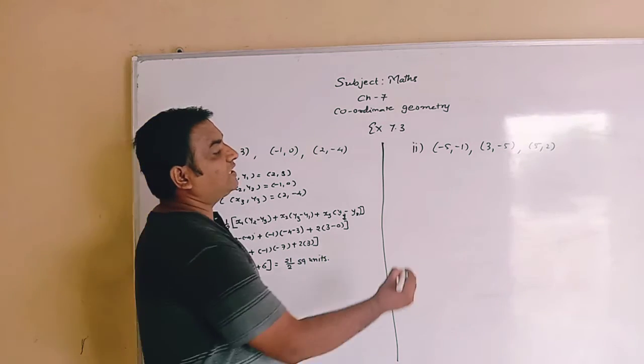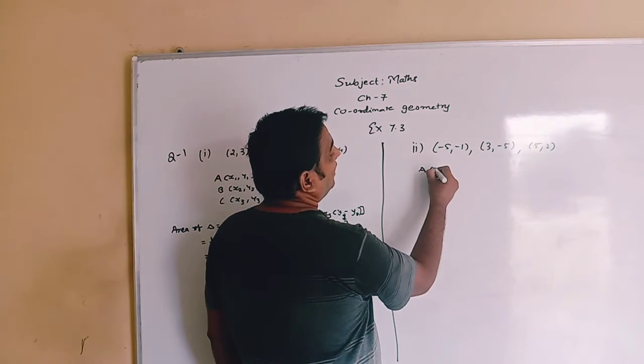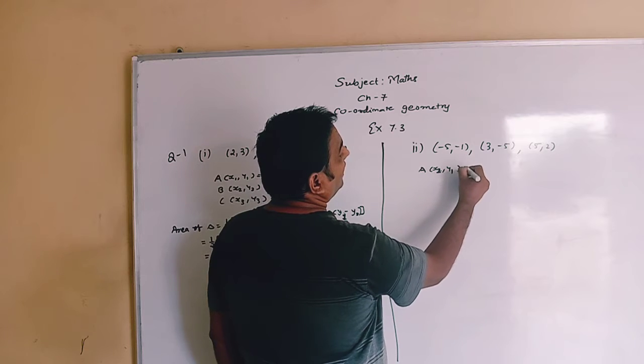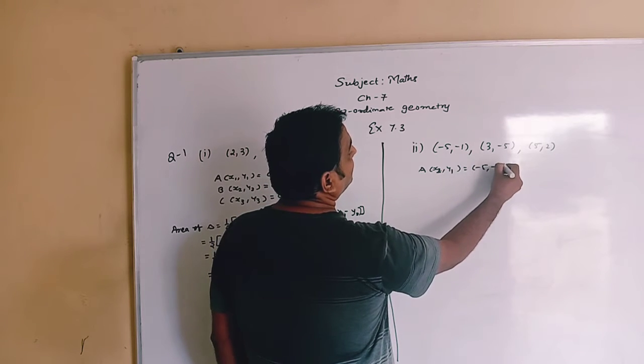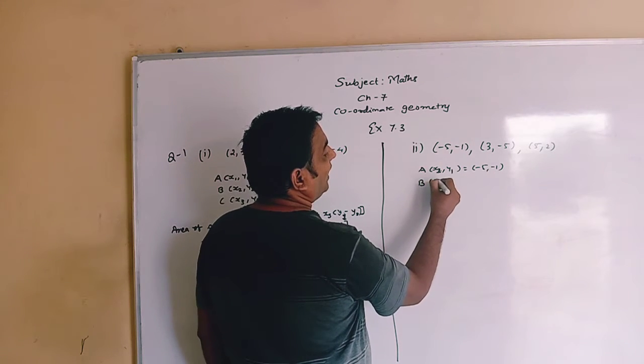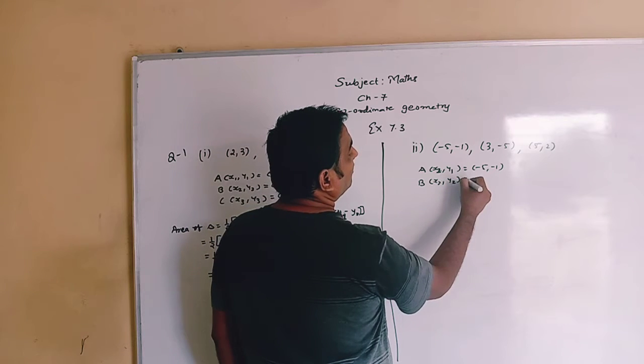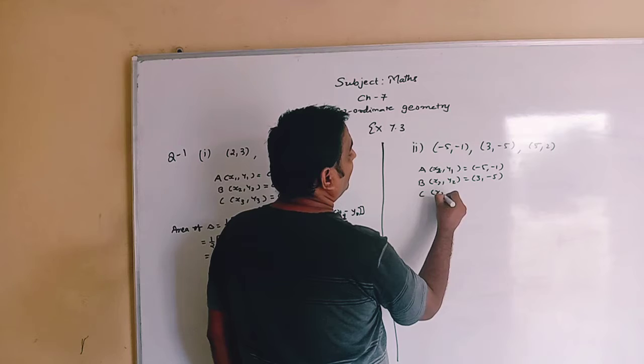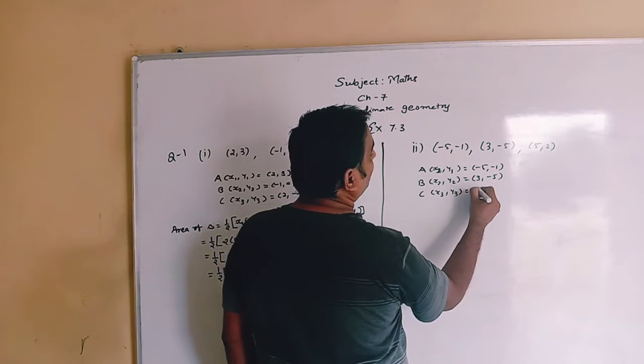Similarly, the second question is given: A (x1, y1) equals (-5, -1), B (x2, y2) equals (3, -5), and C (x3, y3) is given (5, 2).